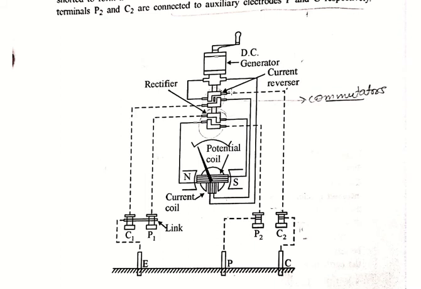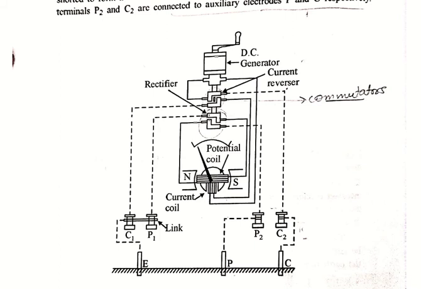One of the bushes is connected to C2, and the alternate bush is connected to C1. The contact will alternate when the commutator rotates. The second pair of bushes is connected to the potential coil, and this one is connected to the DC generator.